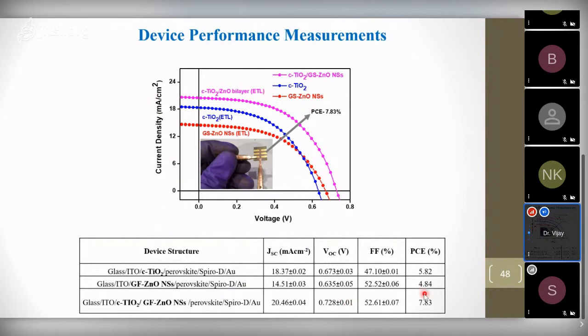If you see here, the efficiency is enhanced when compared to just titanium dioxide, or without zinc oxide, with titanium dioxide and zinc oxide nanostructures.